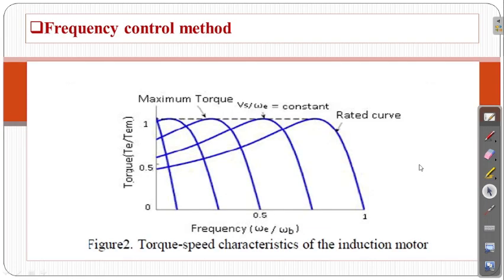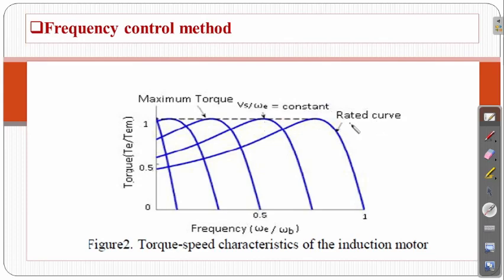Then the frequency control method. In the frequency control method, we will have a maximum torque. The main formula for the frequency control method is Vs divided by ωe equal to constant. Then in this torque versus frequency graph, all torque should be at maximum level, that is Vs divided by ω is constant.